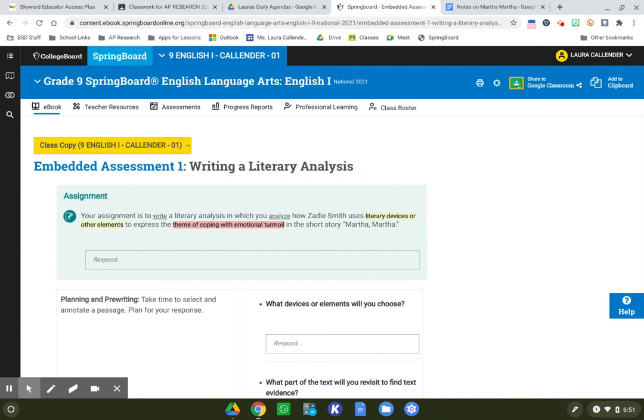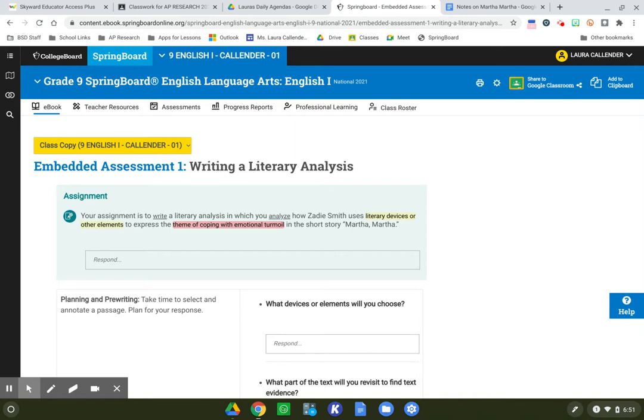All right, so again, Martha, Martha is the story we're going to look at in 1.20 and 1.21. And this prompt has already given us the basic theme. There are multiple different ways you can interpret the theme, and we'll talk about that as we process the story. But essentially, this story is about coping with emotional turmoil.